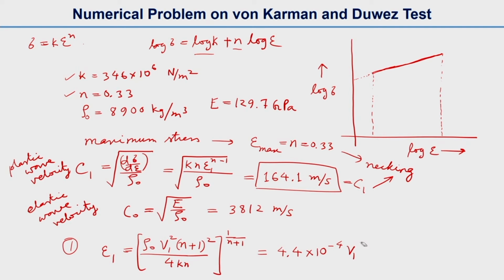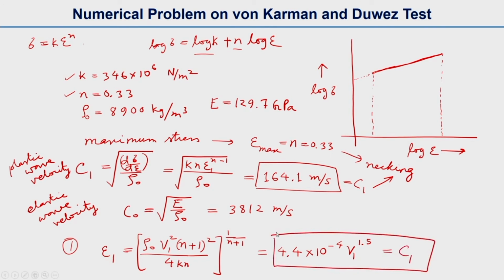Sorry, this is 1.5 actually. So how you get 1.5 to the power 1, that you can understand. This is squared, and this will give us 1 by 1.33, which is like 3 by 4, and so this will be 1.5. So this is the first relation.